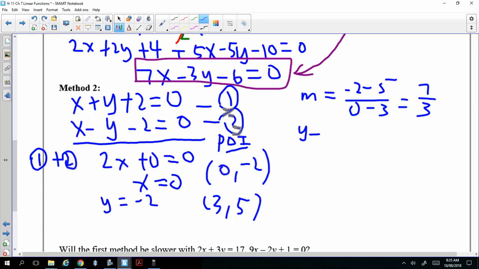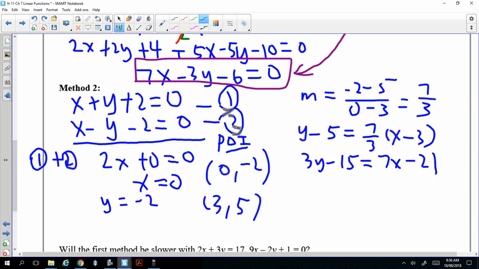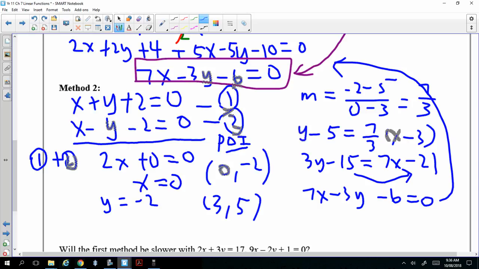You get 3y minus 15, get rid of the fraction, 7x minus 21. And then you get 7x minus 3y, add the -15 over, that will be -6. As expected, right? Same as before, but can you see this is longer? Well, sort of a bit longer, but maybe shorter because it's easy to solve. What if the equation is harder to solve?